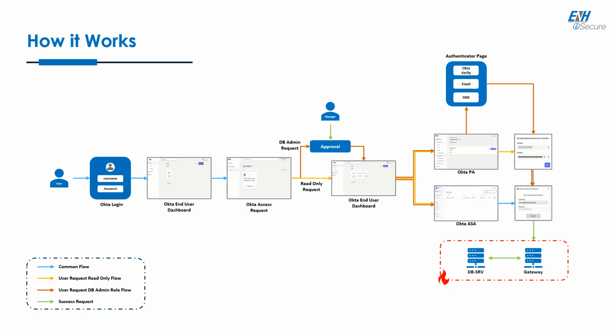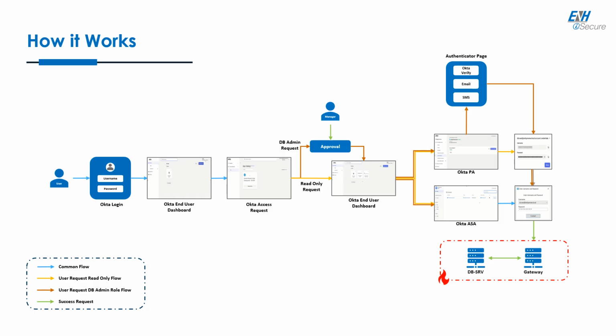If the user selects the read-only role, the system immediately assigns the access without prompting for approval. However, if the DB admin role is selected, the request enters an approval workflow. Once approved, the user is provisioned in both Okta Privileged Access and Okta Advanced Server Access.